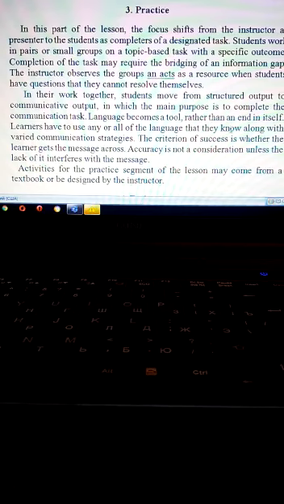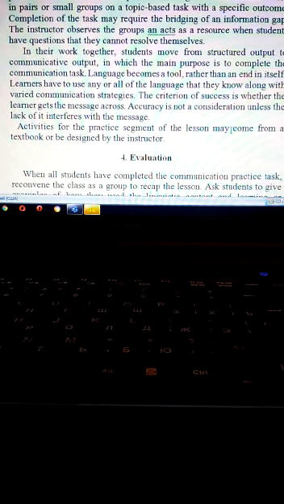The criterion of success is whether the learner gets the message across. Accuracy is not a consideration unless the lack of it interferes with the message. Activities for the practice segment of the lesson may come from a textbook or be designed by the instructor.